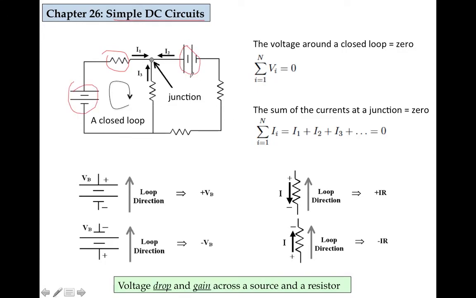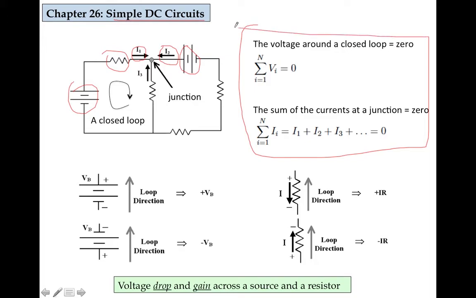The objective here is that if you're given some circuit like this, you want to find the value of the current through each element of the circuit. So you want the current through this, the current passing through here, the current passing through each element of the circuit. That's the objective. And the way to do that is by using something called Kirchhoff's rules.